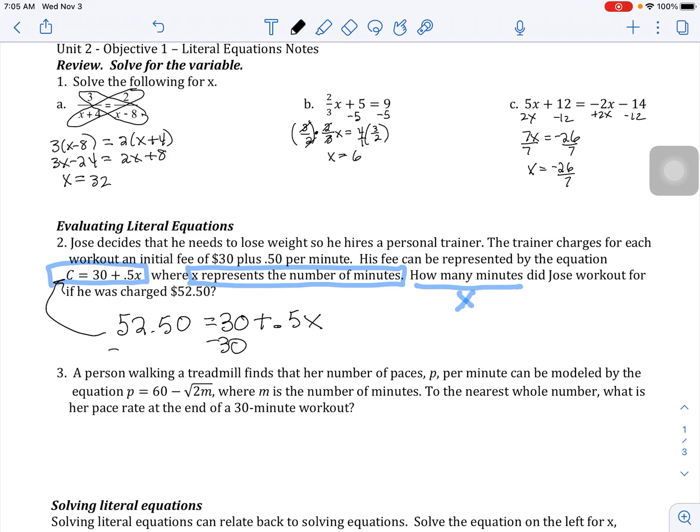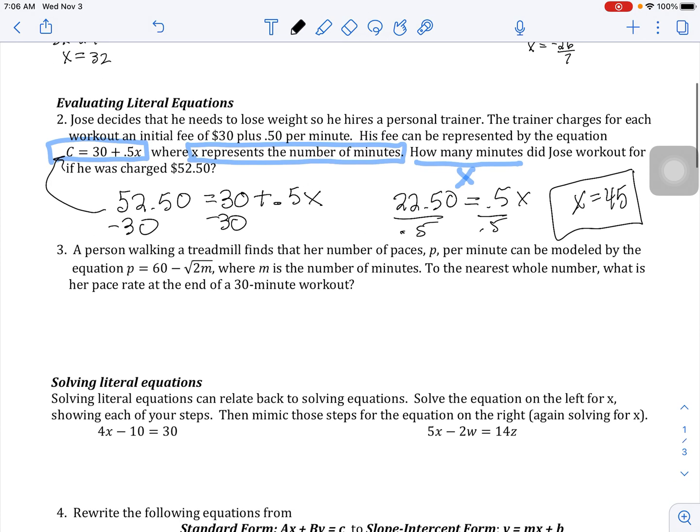So minus 30 minus 30. 52.50 minus 30 is 22.50 equals 0.5x. Divide by 0.5, divide by 0.5. And he worked out for 45 minutes.